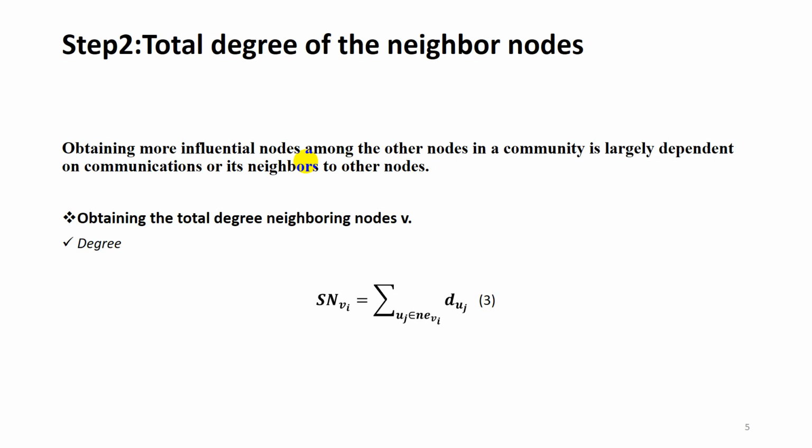This value was obtained in formula 3, where D_Uj indicates the degree of node Uj, the neighbor nodes of Vi.